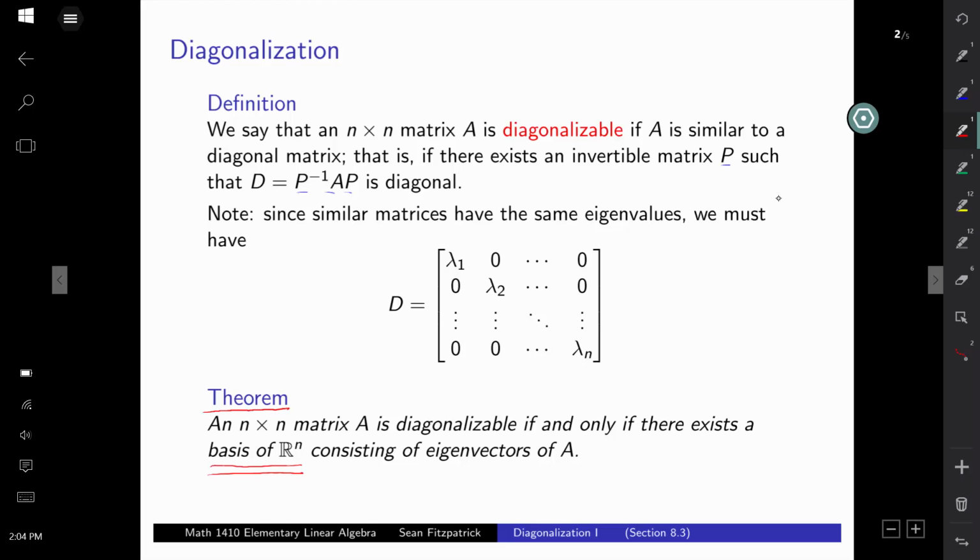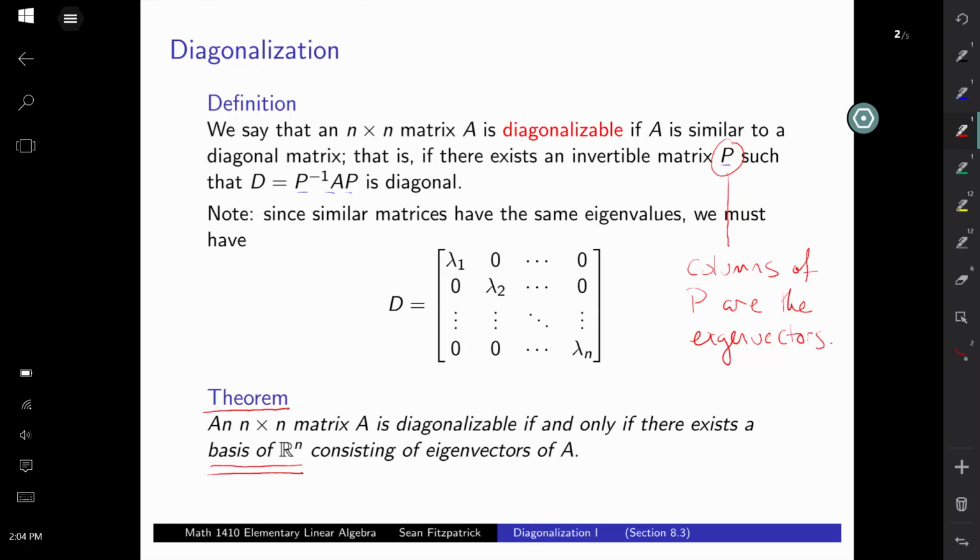And this matrix P, we'll see that the columns of P are going to be the eigenvectors, right?